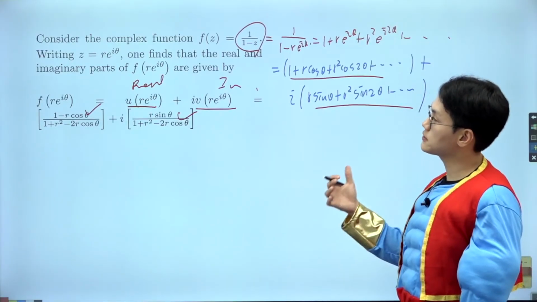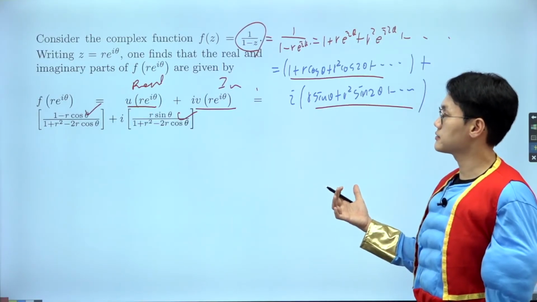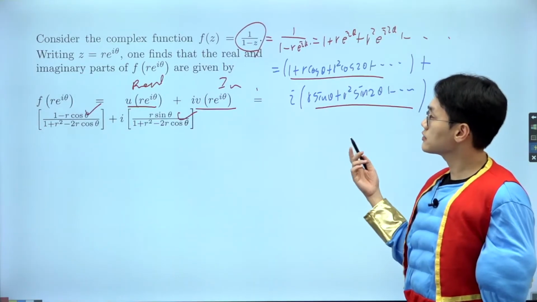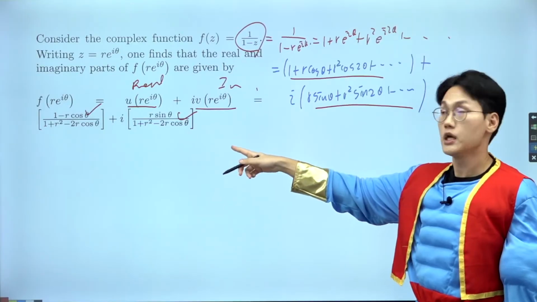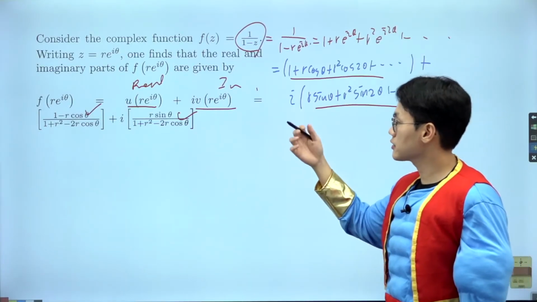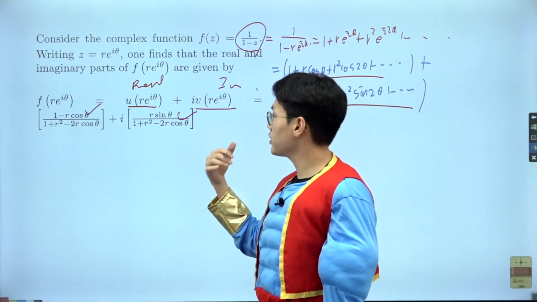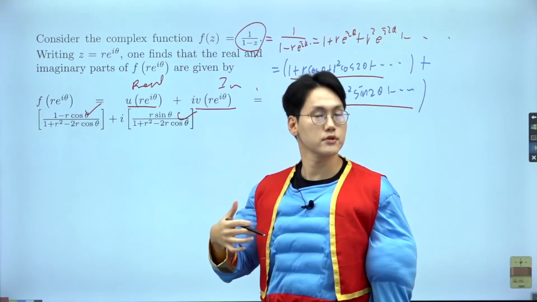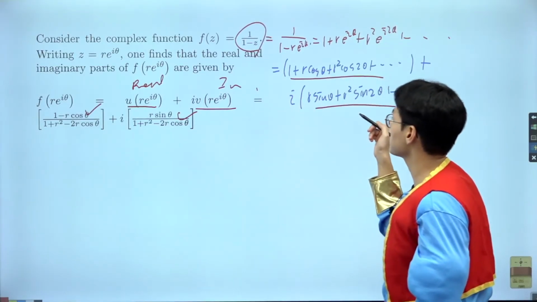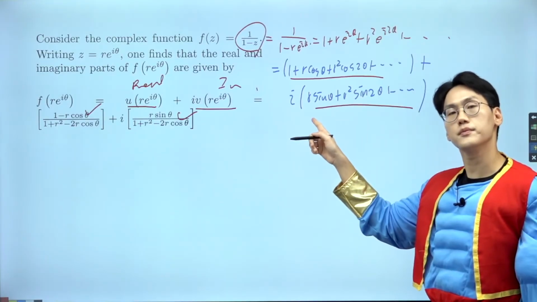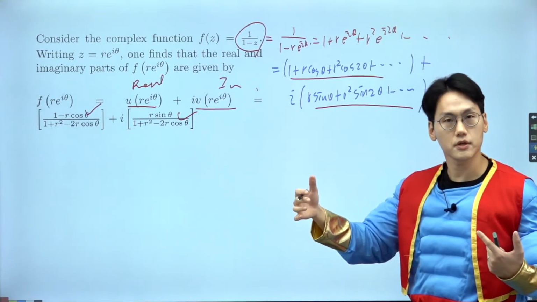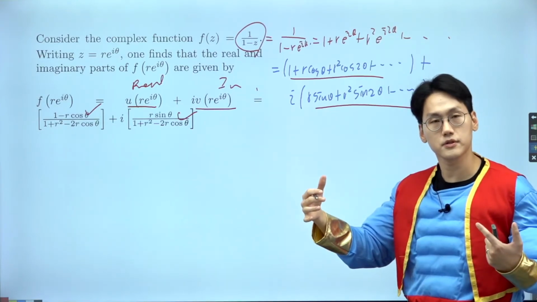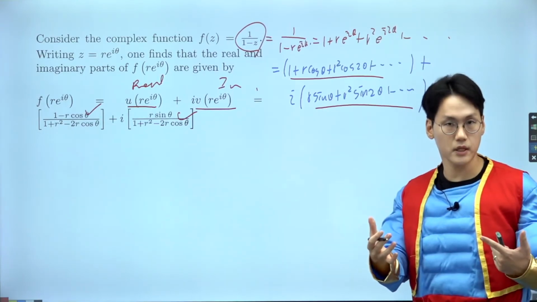If you fix the r value, let's say r is equal to half, you are going to see a bunch of trigonometric series converging to a function. If you fix θ, then you're going to see an expression in terms of r, which you can put in terms of x, becoming some sort of infinite series of a polynomial. You remember this as an infinite power series of a function, something we learn in the syllabus.